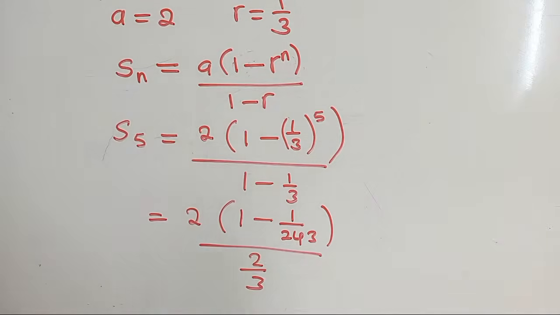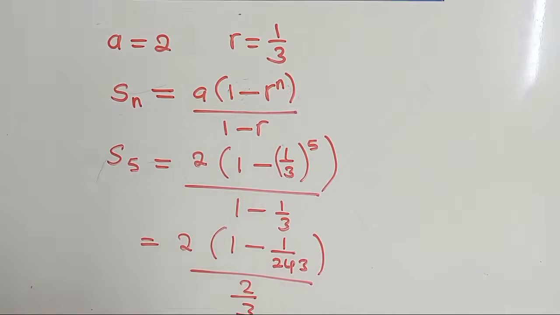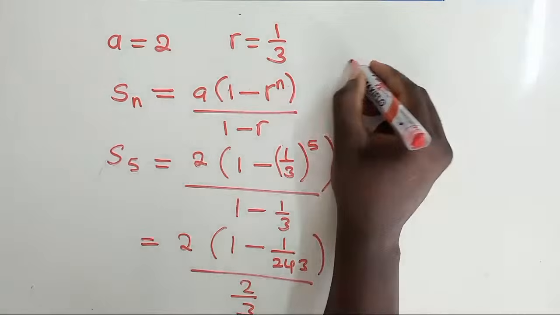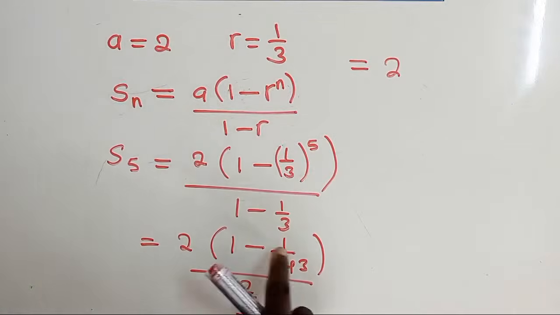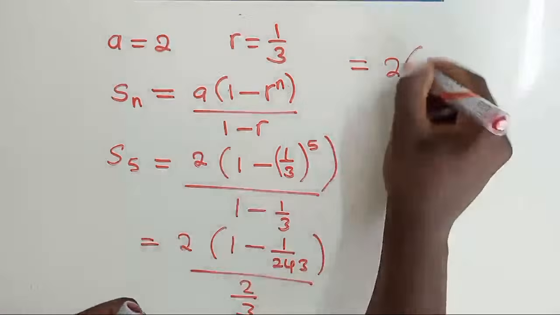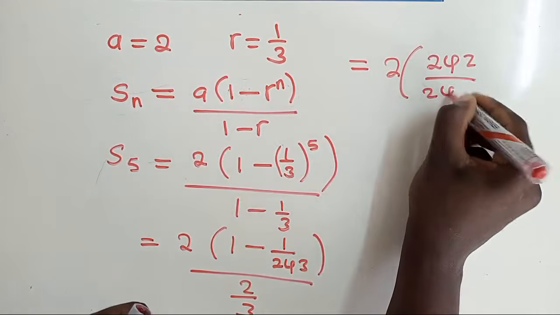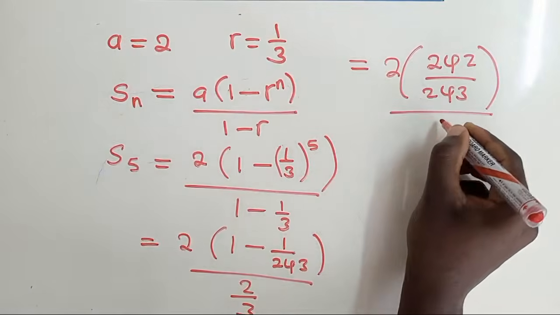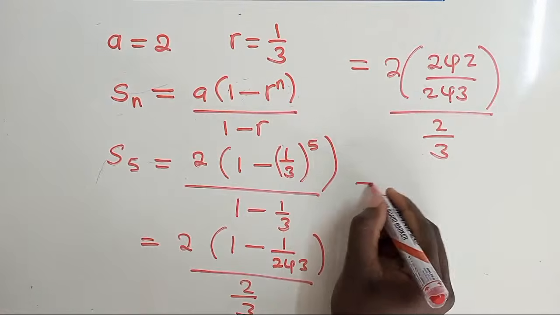So from this point we can say it is equal to 2 times, and when we work out 1 minus 1/243, we're getting 242/243, over 2/3.